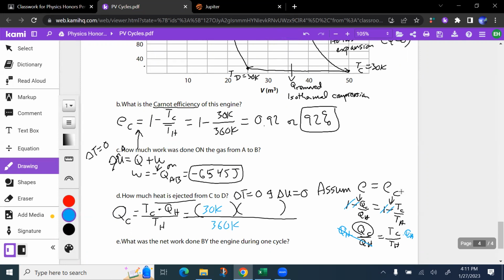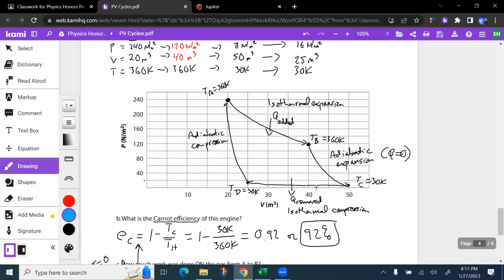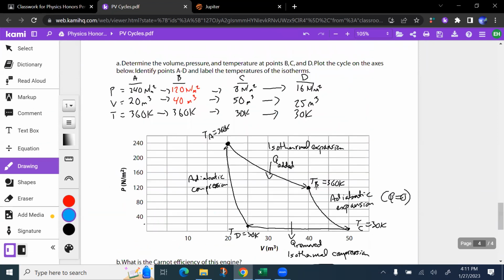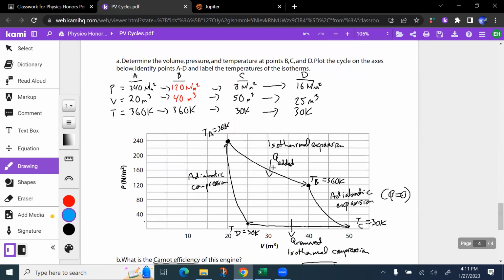And the heat coming in, if you forgot, go back and take a look here. There we go. The heat added. Well, how much heat was added?